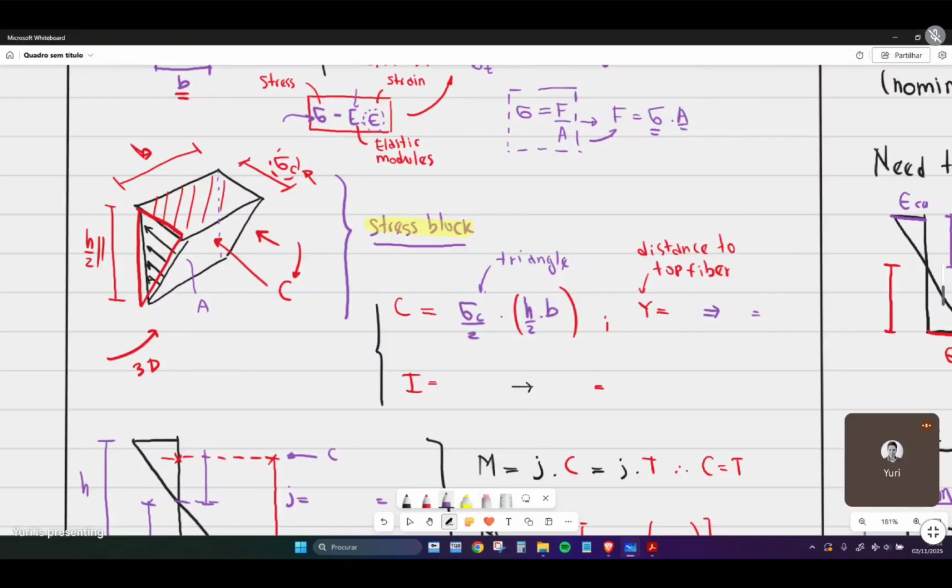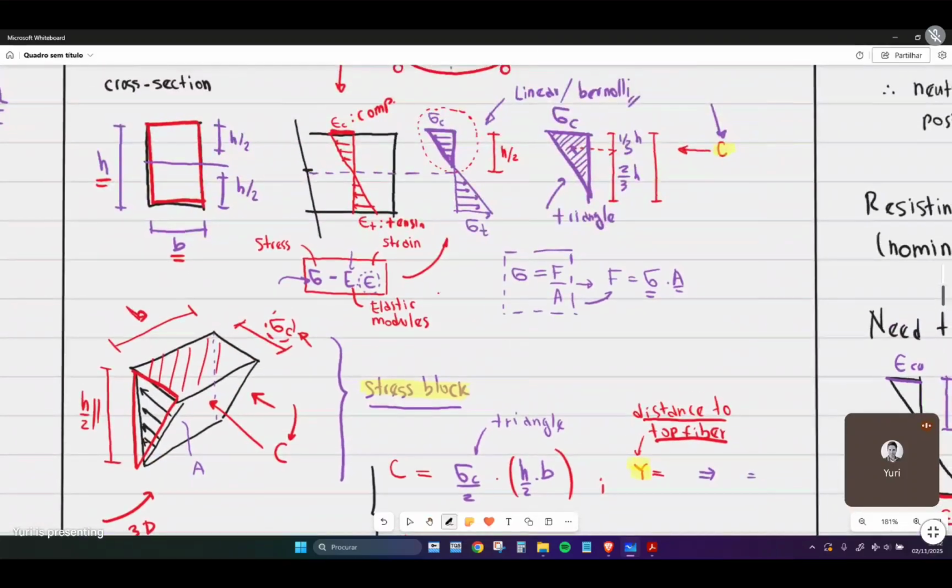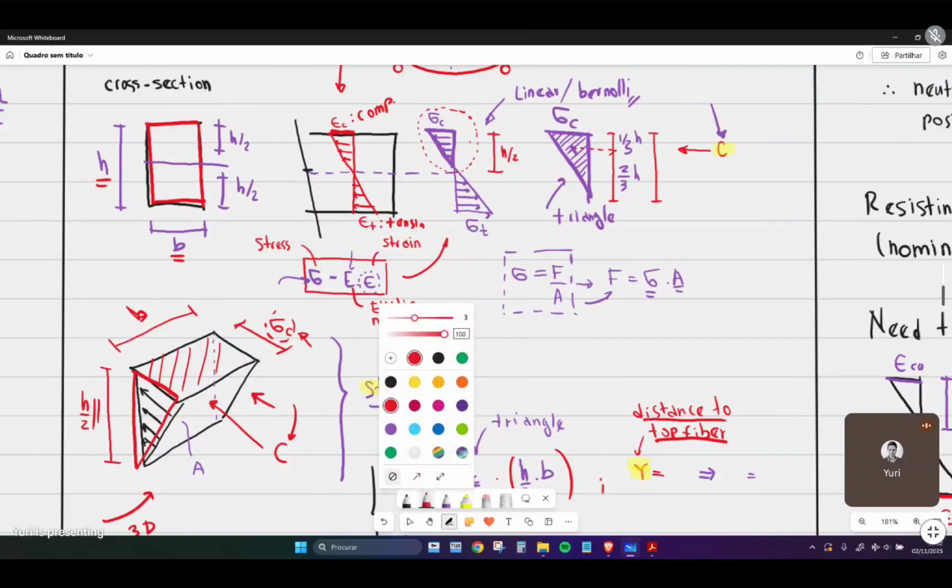Whenever we're designing a beam, we usually tend to have 2 other measurements. One is y. The y is the distance from the neutral axis to the outermost fibers, which would be this one here.